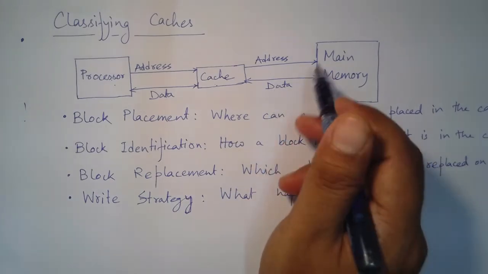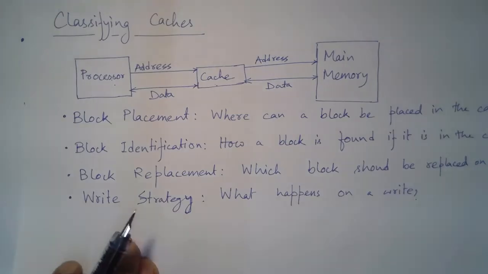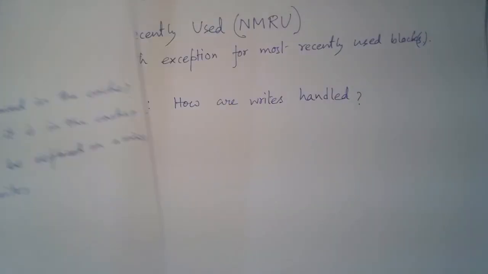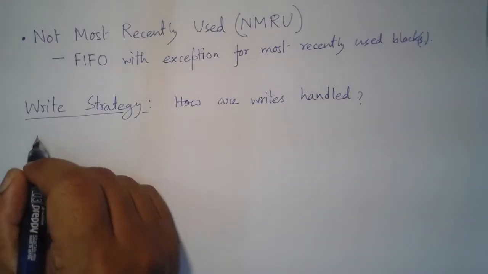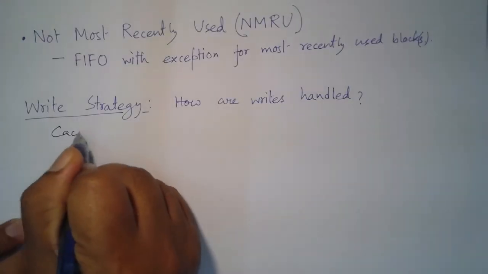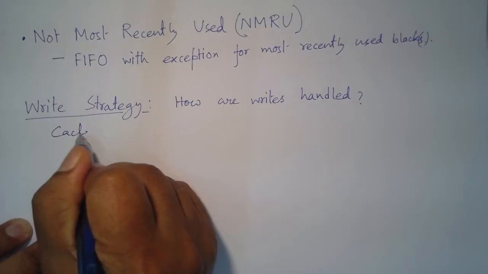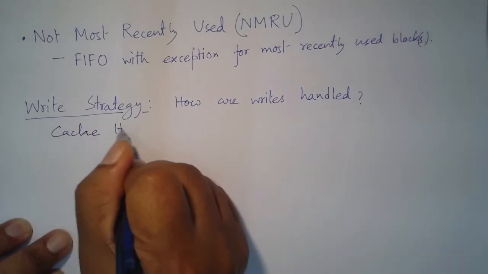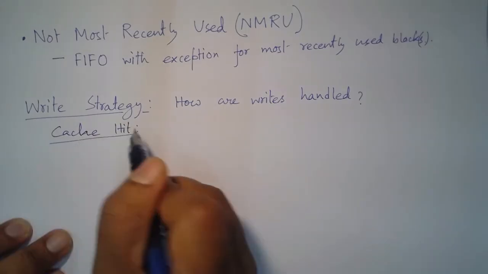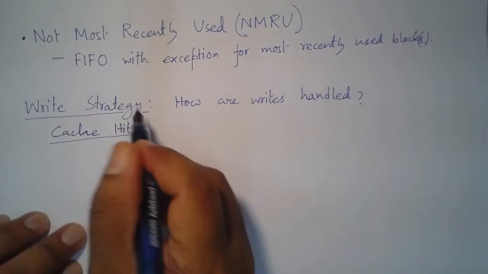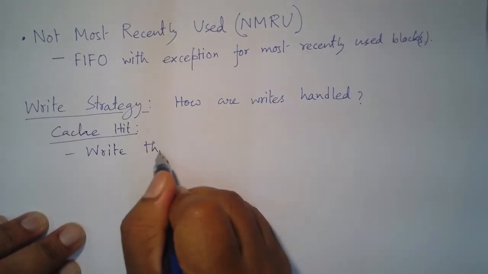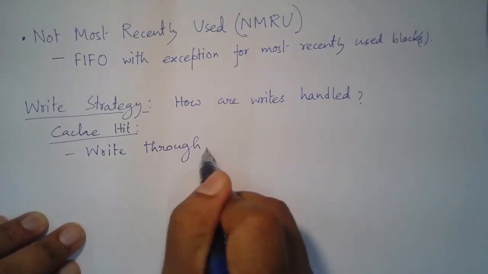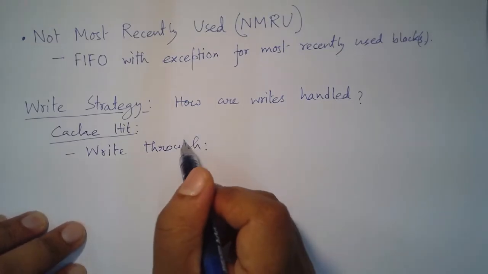Okay, so let me just write it down before we move ahead. We will talk about the situation where there is a cache hit. So write through. Write through is basically write both cache and memory.